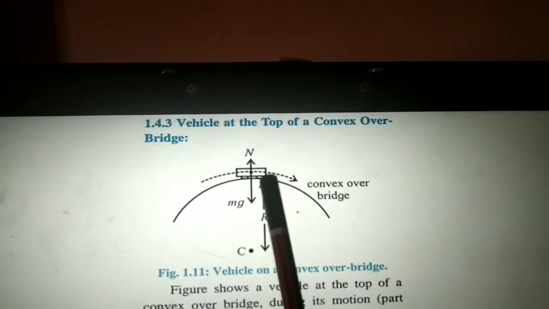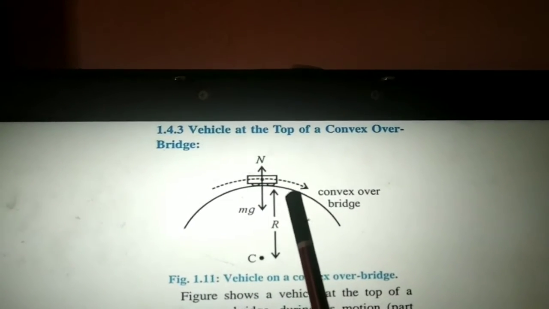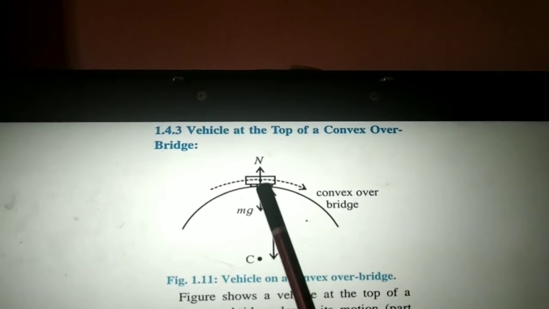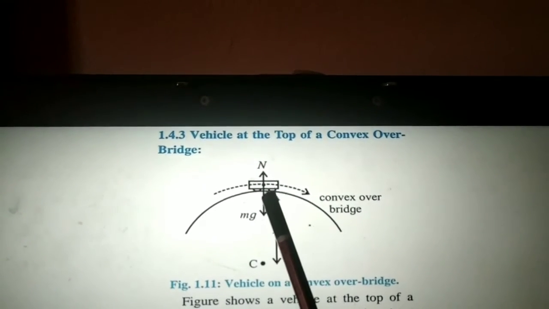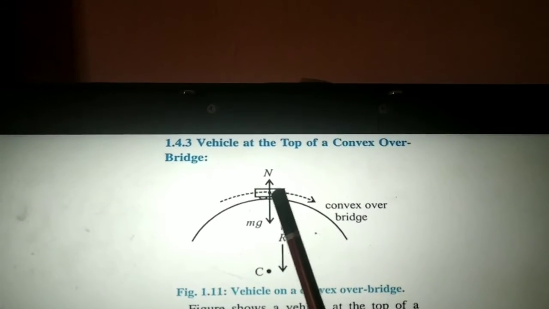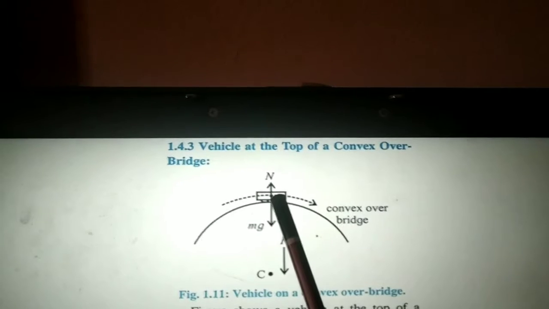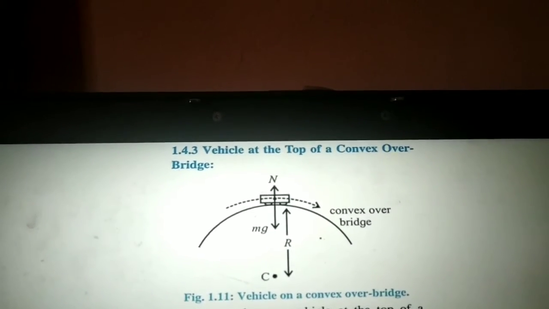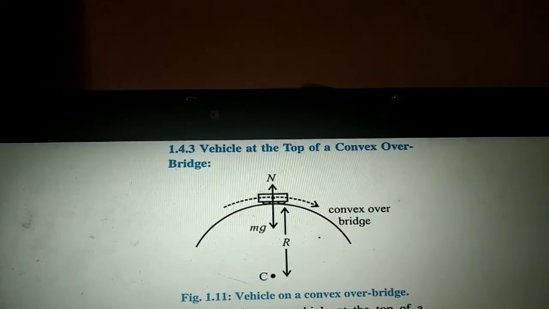First, see what forces are acting on the vehicle at the top position of the convex bridge. The first is its weight mg, which acts vertically downward, due to gravity.